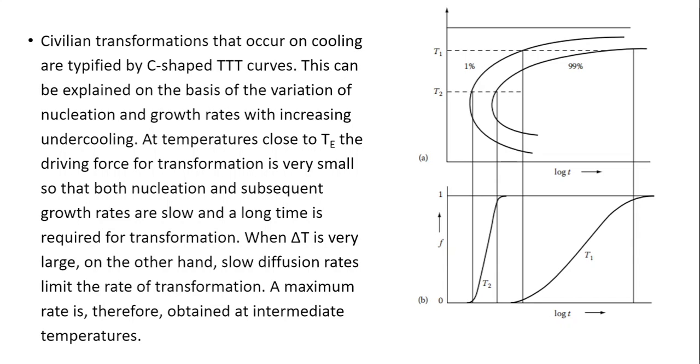The pearlitic transformation is a civilian transformation, and it occurs on cooling below the critical temperature, known as the eutectoid temperature. Civilian transformations are typified by C-shaped time temperature transformation curves.